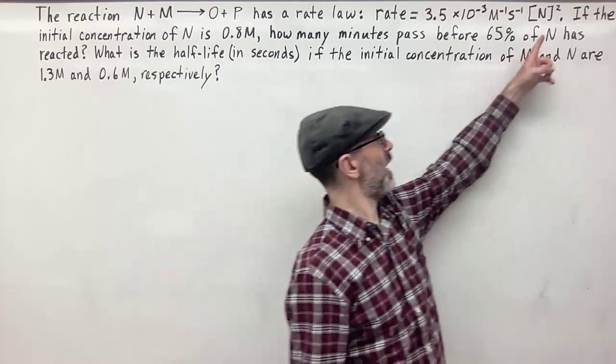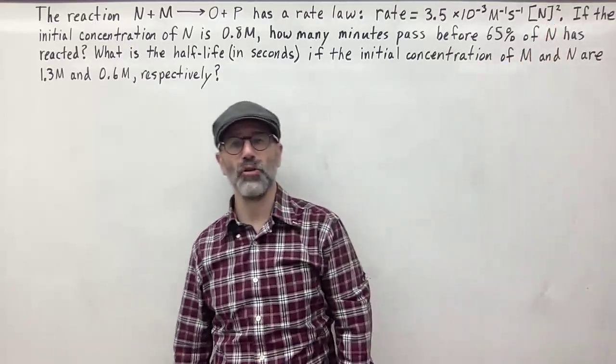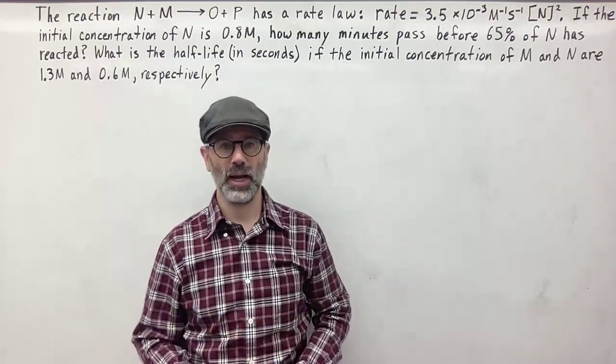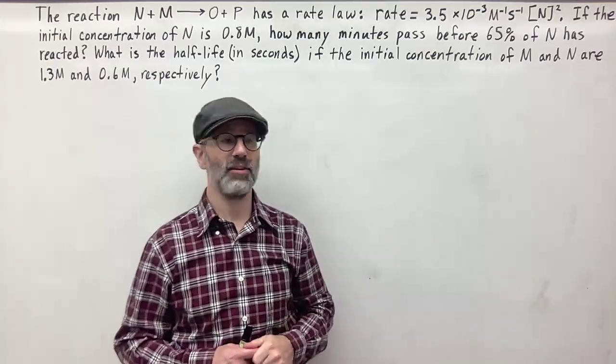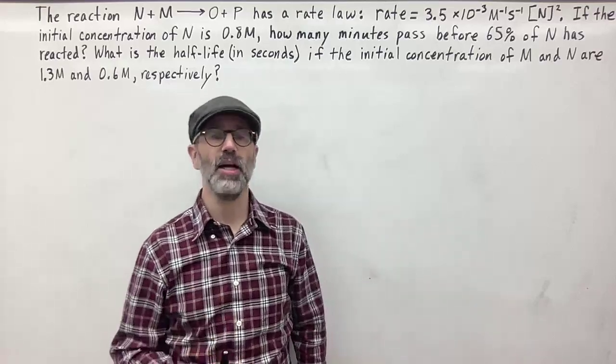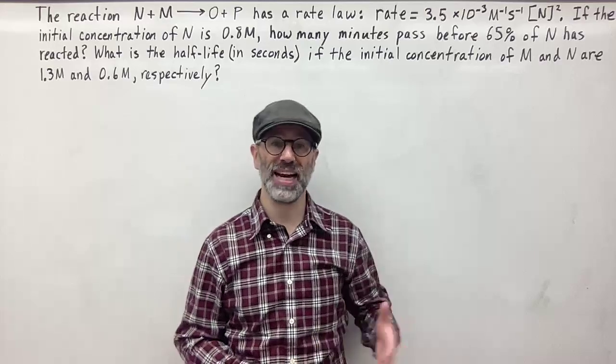And we can see that it has a superscript of 2. That means this is a second order rate law, second order with respect to the concentration of N. So we're going to have to use the integrated rate law for second order.